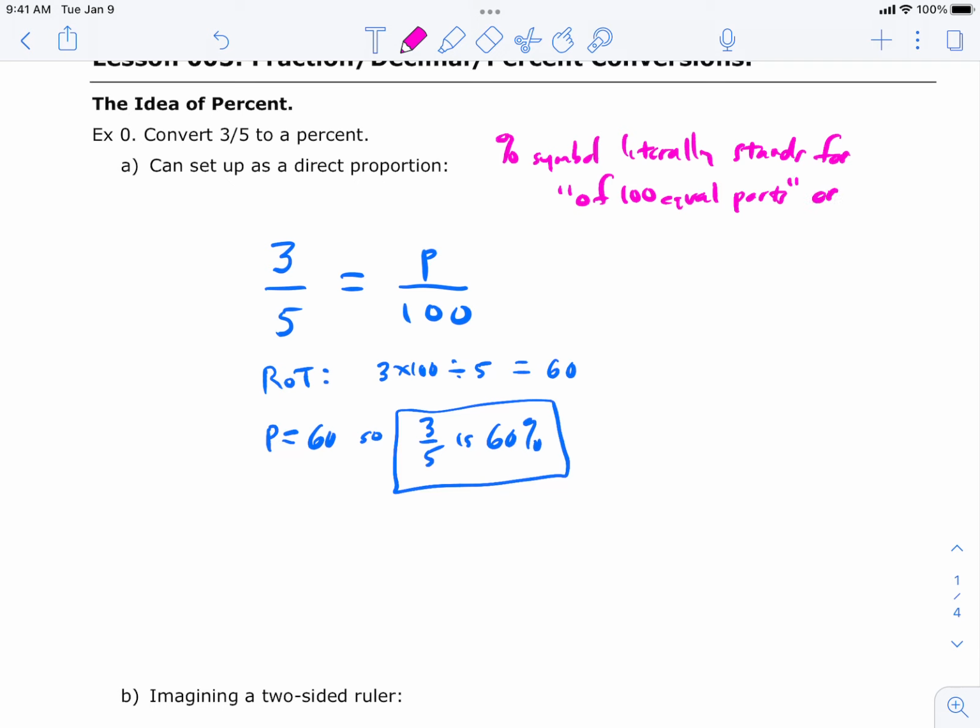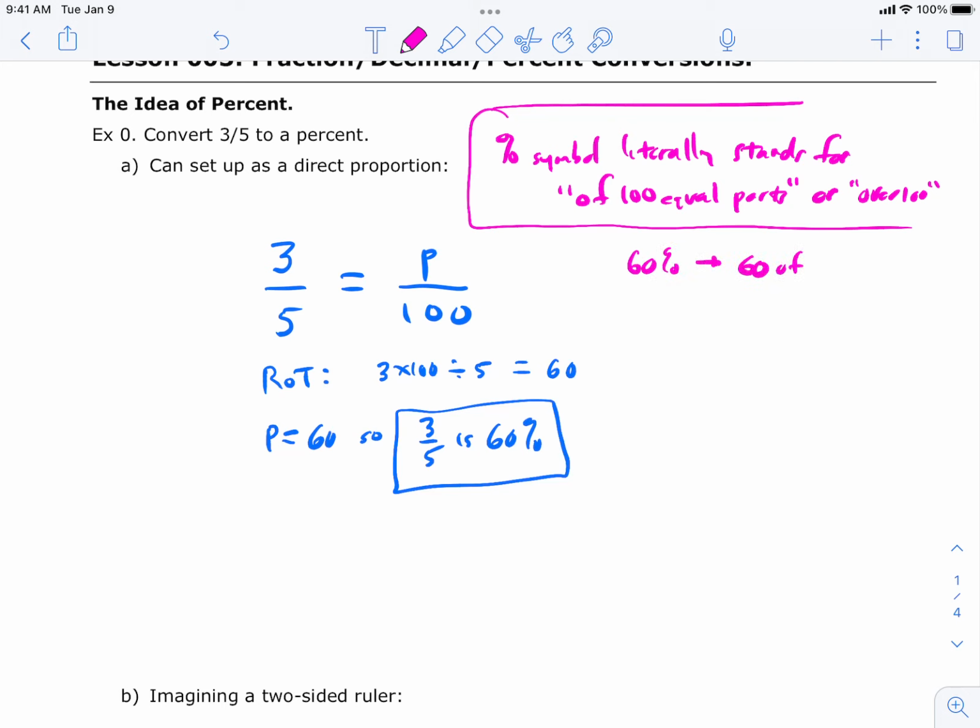Or even, you could say just simply over 100. That's what the percent symbol literally means. So 60% literally means 60 of 100 equal parts.